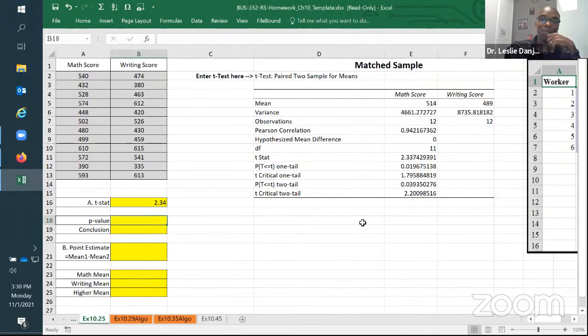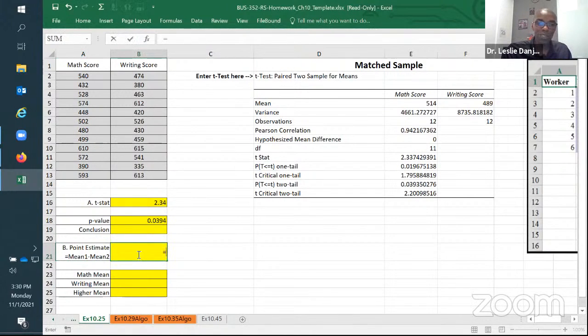So I'm going to say that this p-value is equal to this number for two-tail right here. Let's check it out and see if I'm right. How do I calculate my point estimate? It's the mean of 1 minus the mean of 2.